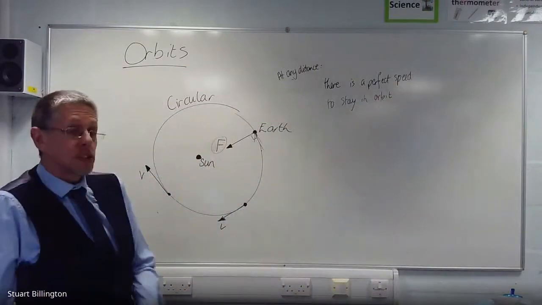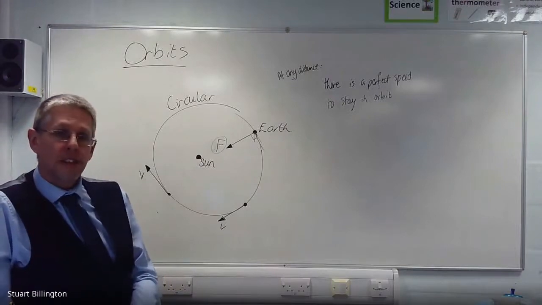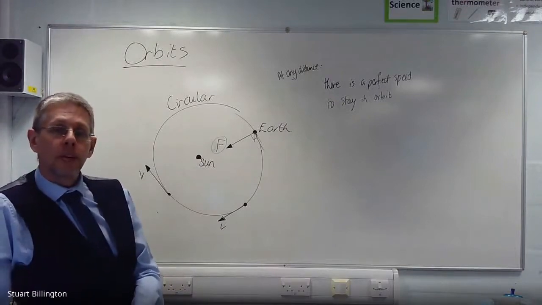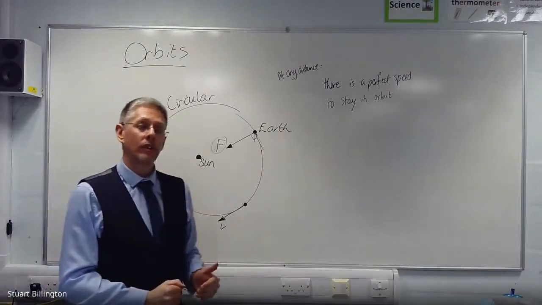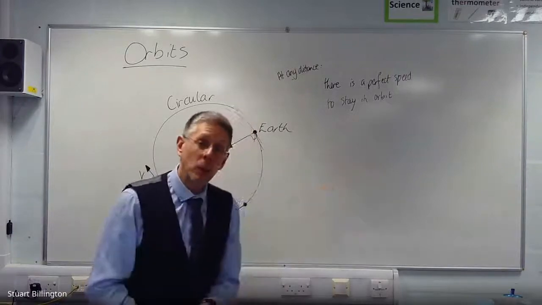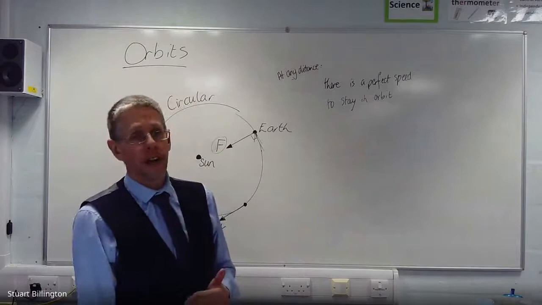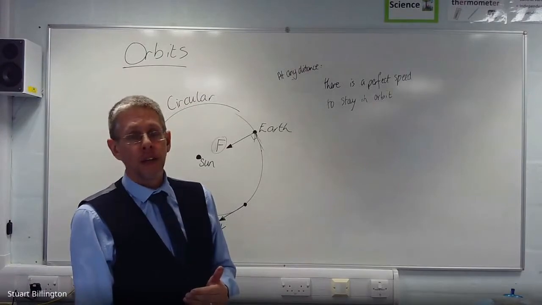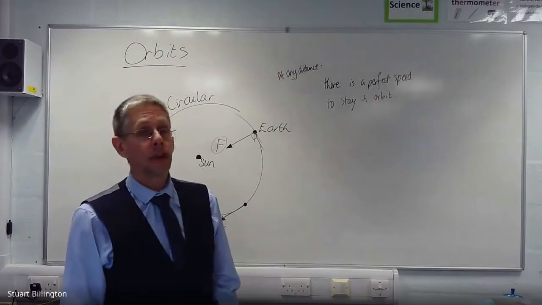If you're close to the ground, you've got to be traveling fast, because you need a big force, and there is a big force. If you want to be orbiting a long way away, you better be orbiting slow, because there's only a little force out there, far, far away. And it's only if you travel slowly that that little force will be able to hang on to you.